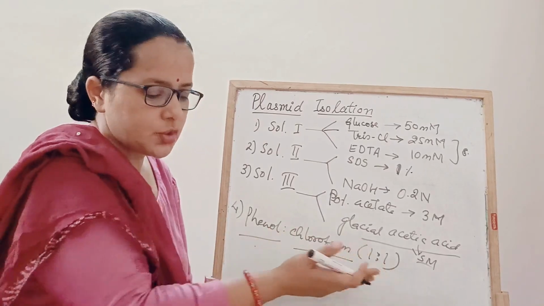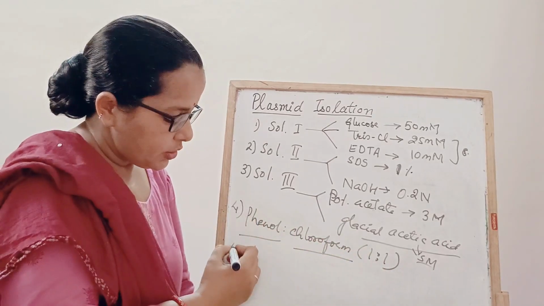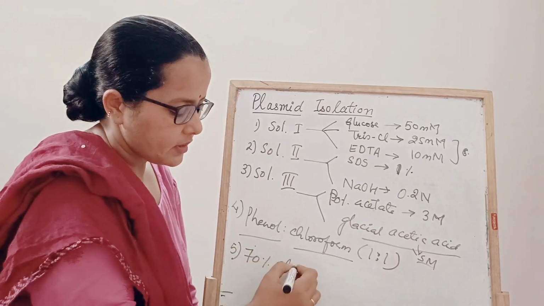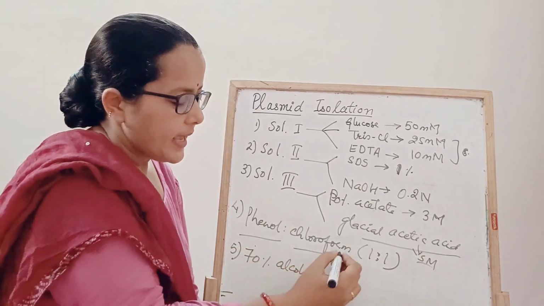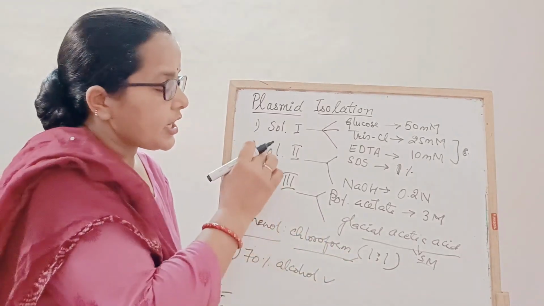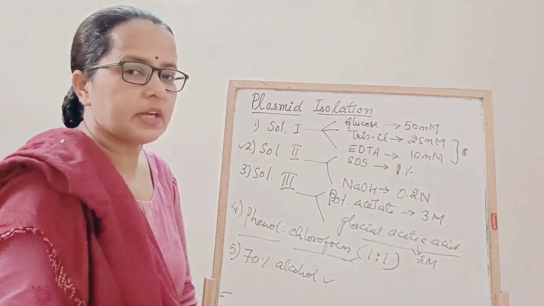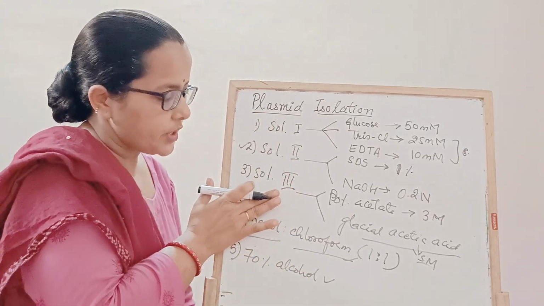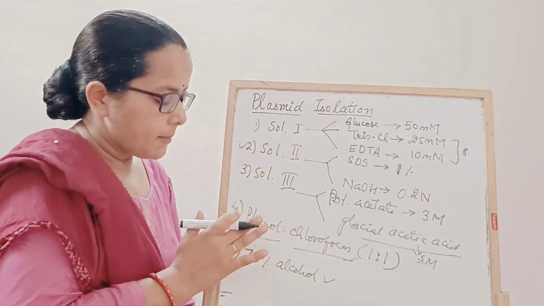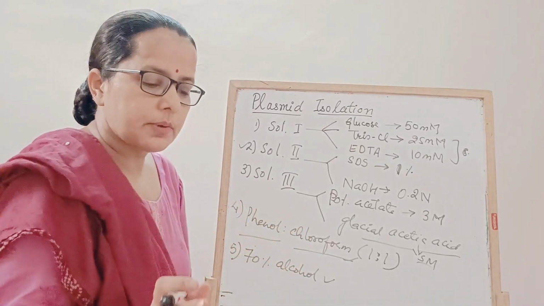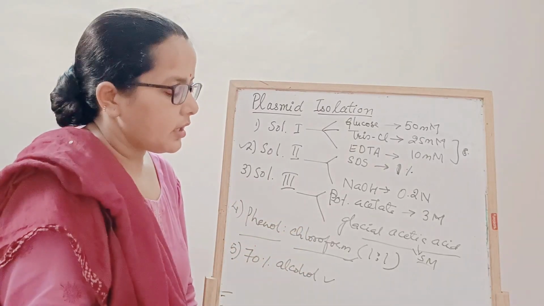Then you will need 70% alcohol, which you also have to prepare fresh, and solution 2 also fresh. Solution 1 and solution 3 you can prepare 1 day before, but the phenol chloroform mixture and 70% alcohol should be prepared freshly.